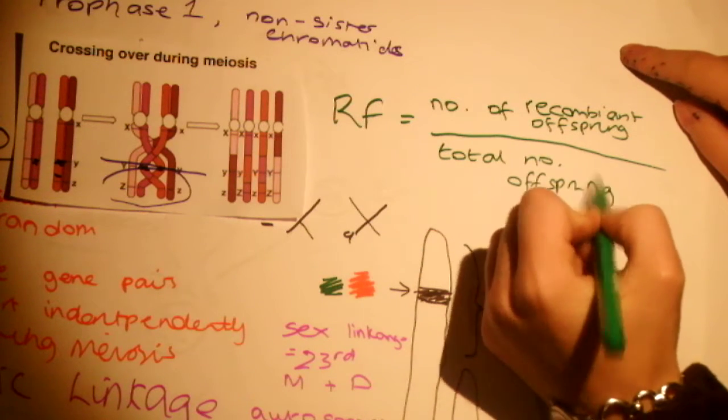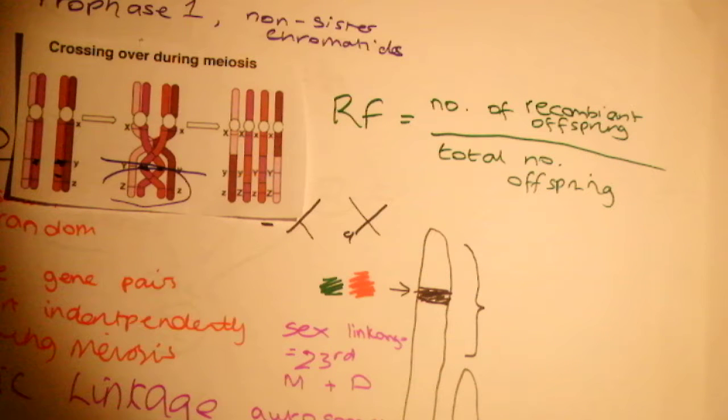So that's general. You always have what you're trying to find out at the top, and then all the numbers totalled together at the bottom. So to find out how much crossing over there was, it's the number of recombinant offspring divided by the total number of offspring.